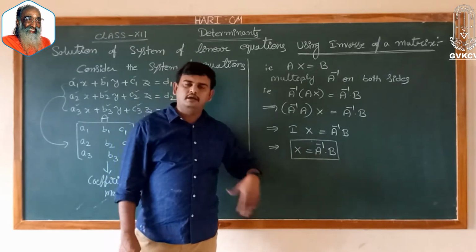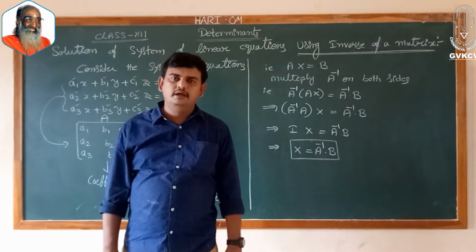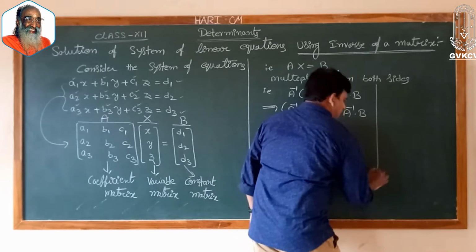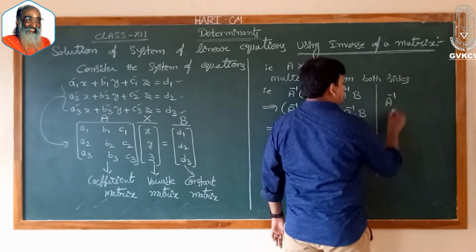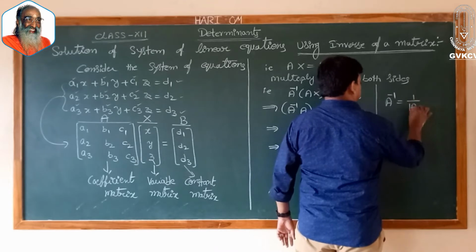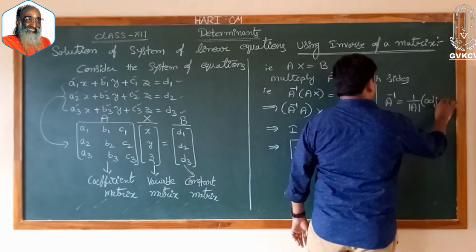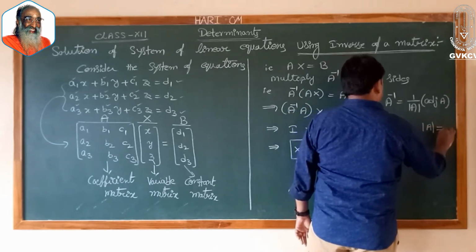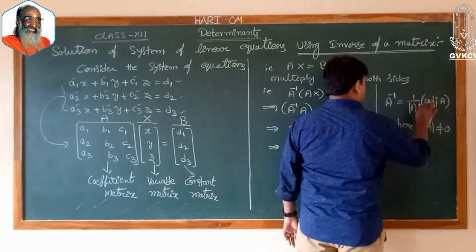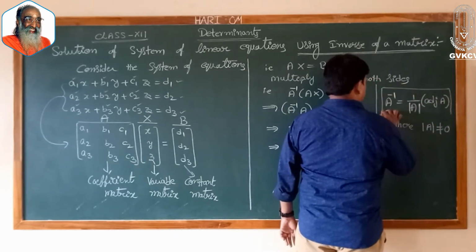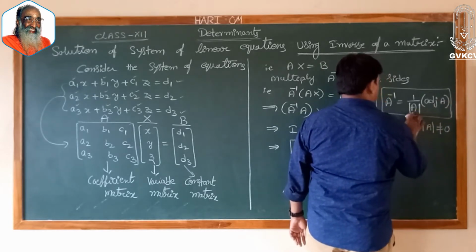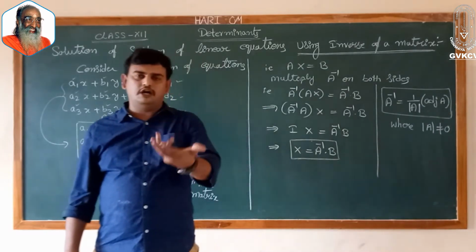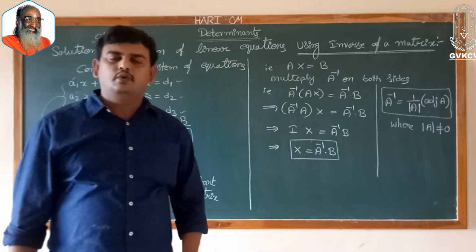So first we need to find A inverse. How to find A inverse? Yes, we know how to find A inverse. We have a formula: A inverse is equal to 1 by det A into adjoint of A, where det A is not equal to 0.